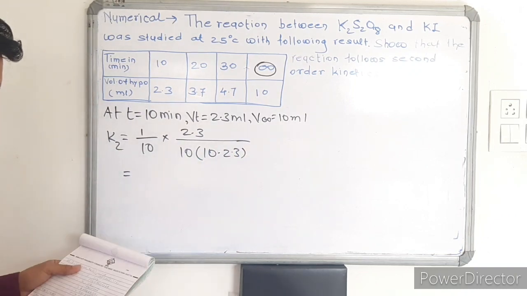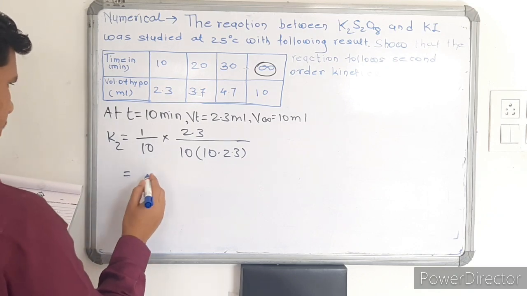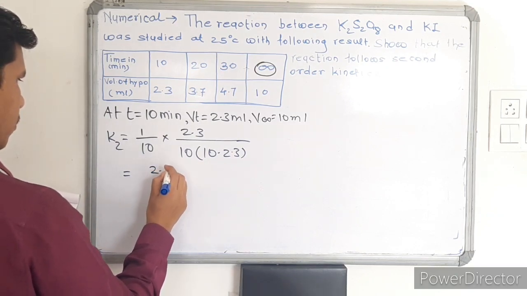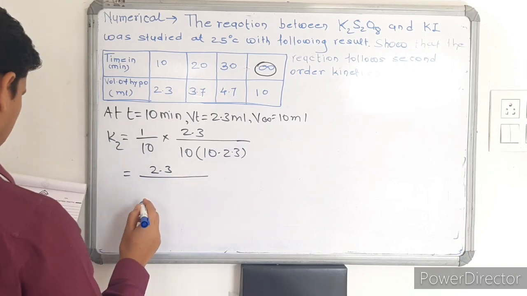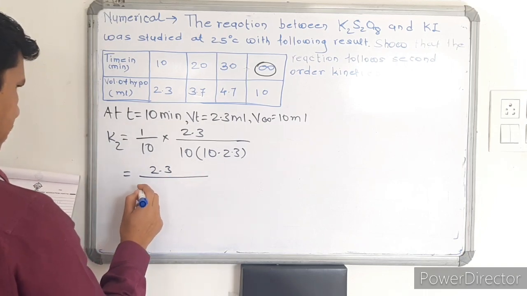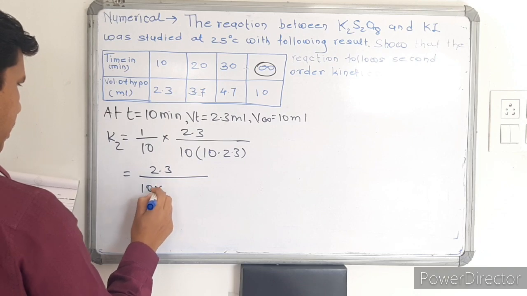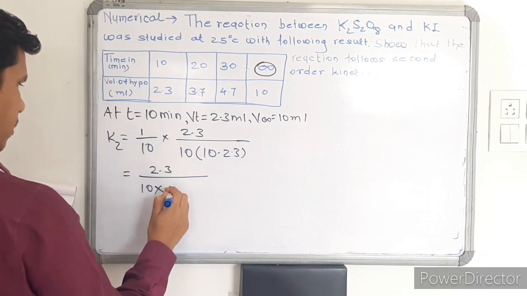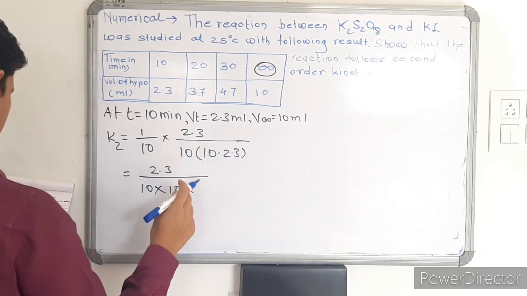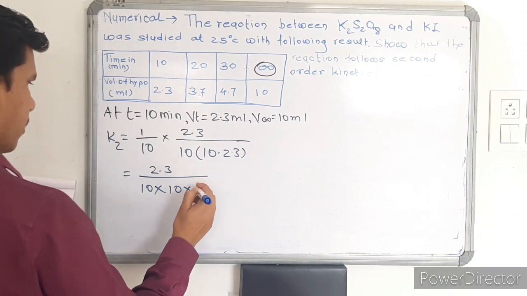By solving this, we get 2.3 upon 10 into 10 into 7.7.